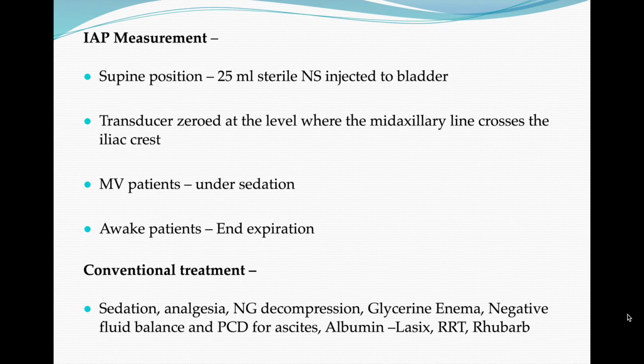If it was because of fluid overload, then albumin, laxatives, or if needed, RRT or renal replacement therapy was started. And there is a Chinese concoction called rhubarb, that was also given along with a salt. That was also tried in some patients, as there is a study that shows better results with rhubarb in reducing IAP. Okay, so these were the agents tried in the first 24 hours, that is the conventional treatment.